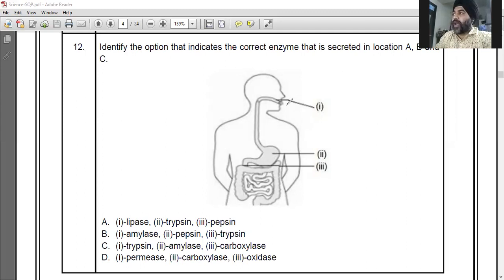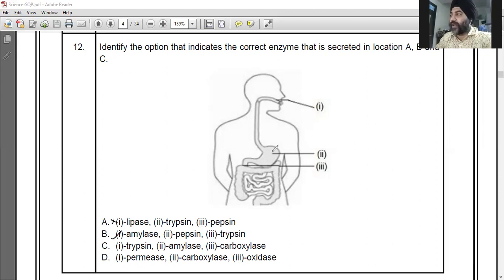In the buccal cavity or mouth, all of you know that digestion starts from the mouth, and salivary amylase is present in the mouth. So you can see that at the first option here, it is written lipase, so it is incorrect. And in the second one, it is given amylase. So if you know only one correct answer, then you can mark it, because in the remaining options, the first one does not match with amylase.